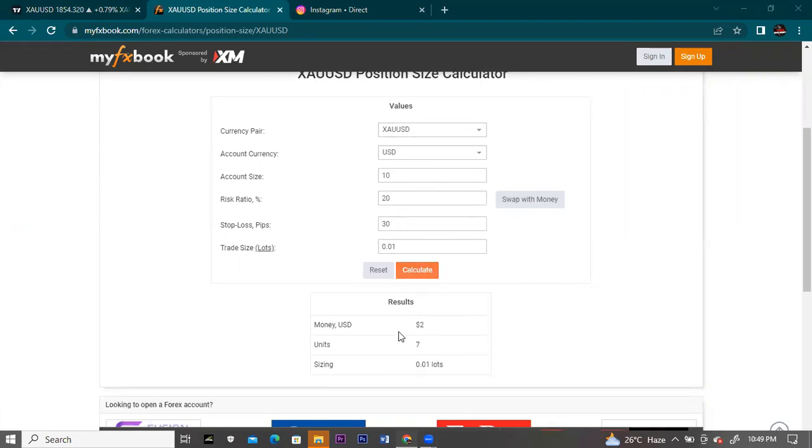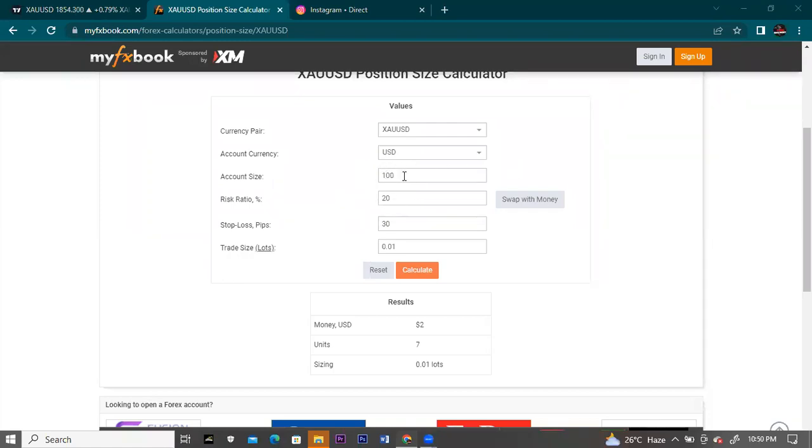So your main focus is to know the amount of your account size, the equivalent of it in dollars first. Then the risk percentage should still be based in dollars. Let's say we deposited $100, which should be around 75,000 Naira, but you don't know how to calculate the risk.